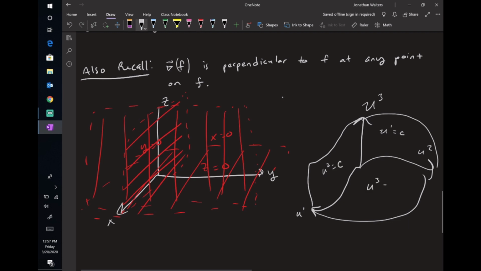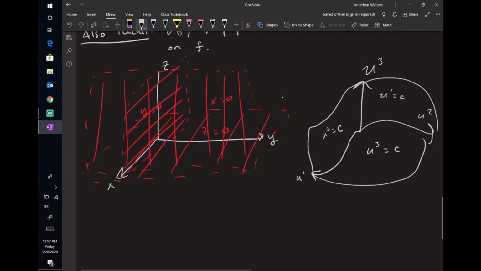Same thing here, u2 equals a constant is some surface. And u3 equals a constant is some surface.